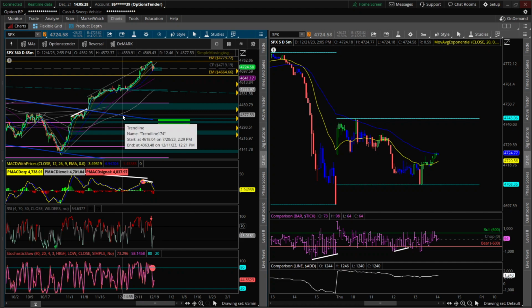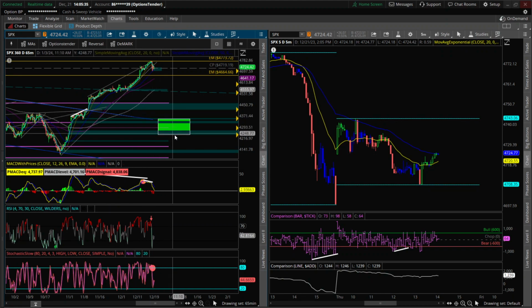That's the back test of the flag, or the channel that we broke out of on SPX here. I showed you SPY, I believe, yesterday, but this would be a different point of view. I like to use all of them. And so the target area would be that 62 to 78% retracement of this entire move here.